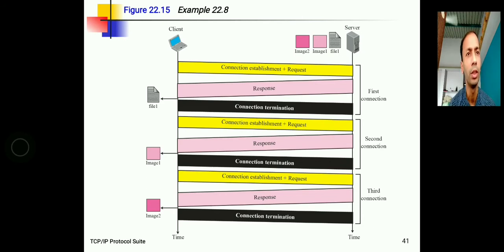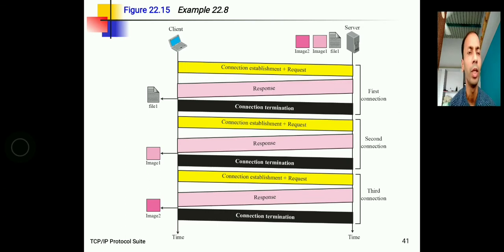Then what happens? When the connection is established between the client and server, the response is sent back to the client and the connection is terminated. Connection is not maintained. Still, for fulfilling this request we need to retrieve image 1 and image 2 also, but for retrieving these two image files from that web page, File 1, again it is necessary to establish the connection with the server.